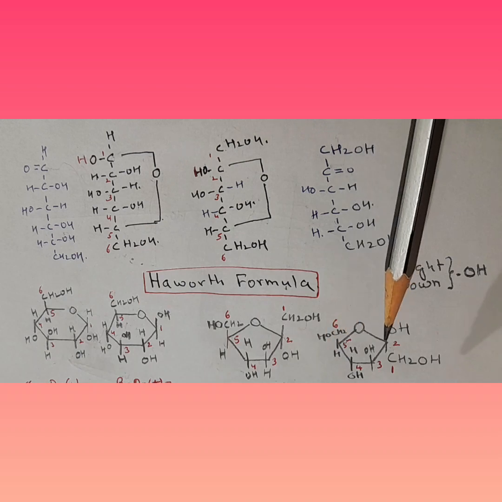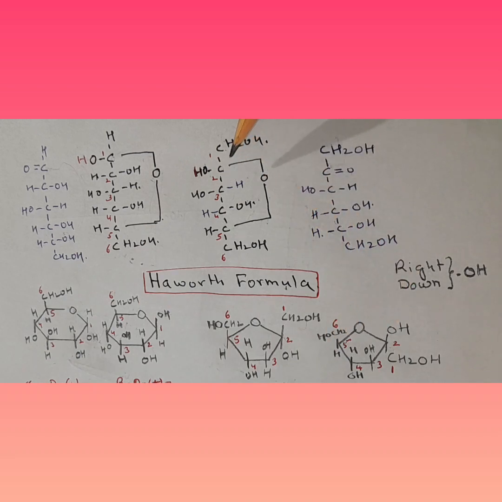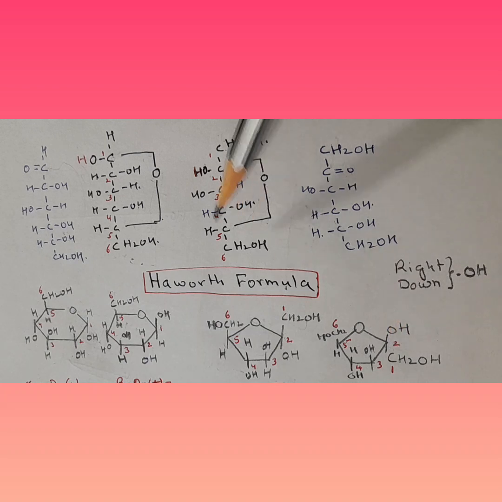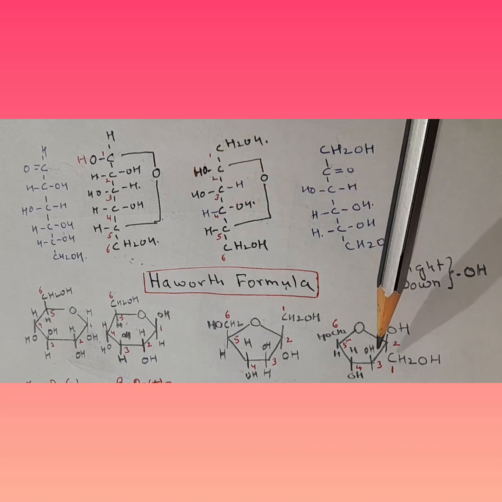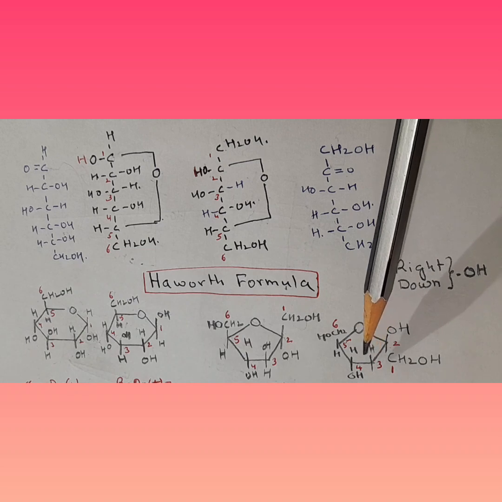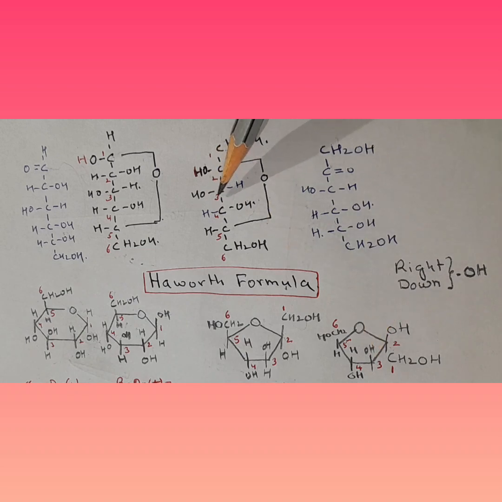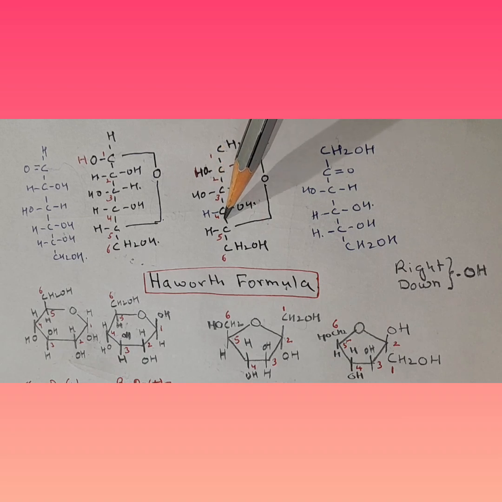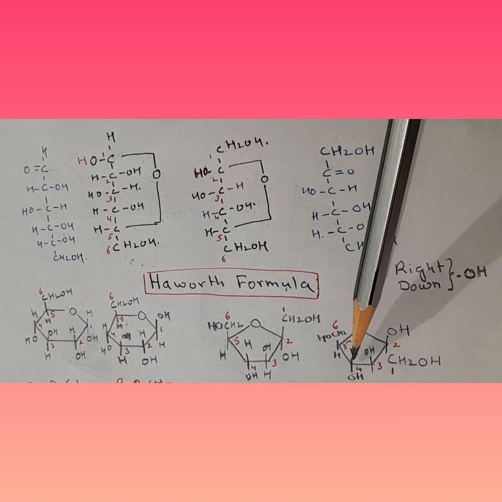Similarly, when we come to fructose, we find the same story over here. In case of fructose, we don't consider the second carbon because that is the anomeric one. Then the third carbon is towards the left, so it is at the top. And again the fourth carbon is towards the right, so it is down.